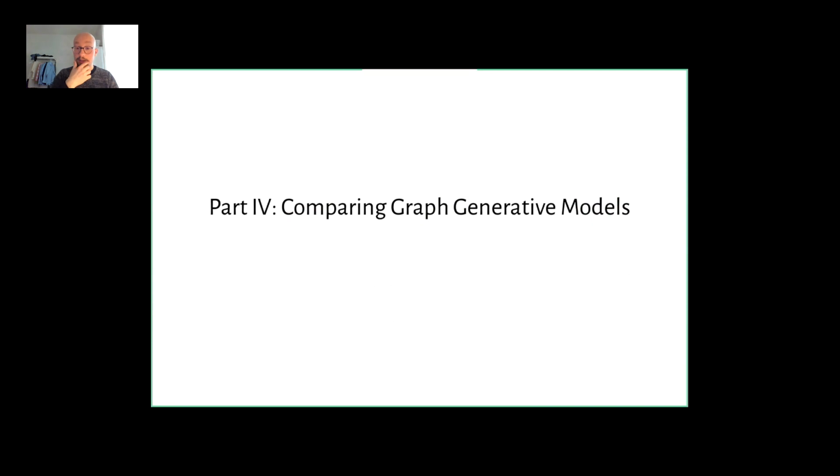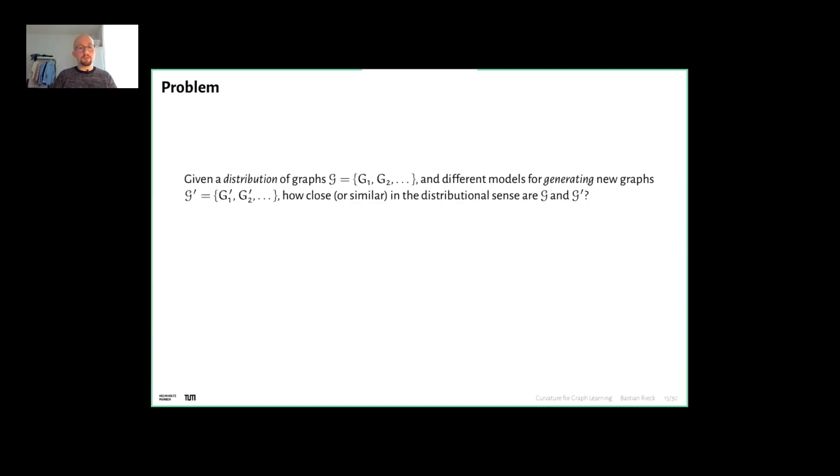All right, then let me briefly move on to part 4 on the comparison of graph generative models. So here we need to take a brief step back, and I want to briefly tell you about this problem and why it's relevant. So in graph distribution comparison, we are assuming that we are given a distribution of graphs, so some script G, which could be a set of graphs G1, G2, and so on and so forth.